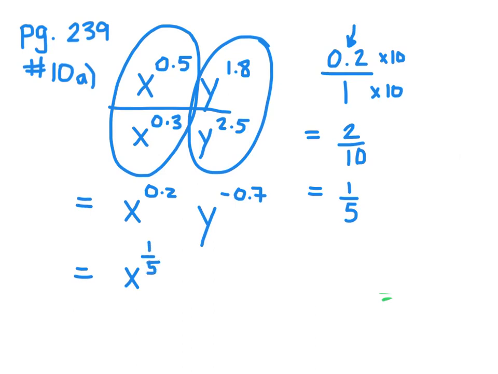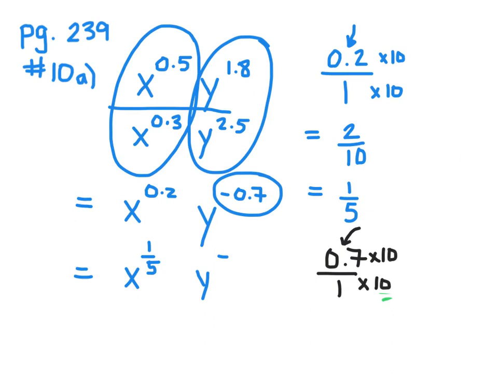And likewise, we're going to change the exponent 0.7. Now 0.7 we can write as a fraction also. We know that 0.7 is the same as 0.7 over 1. And to get rid of that decimal, if we multiply both top and bottom by 10, we end up with 7 over 10, and you can't reduce that.